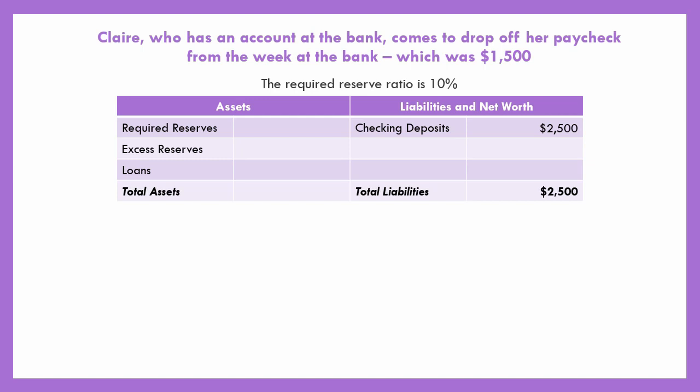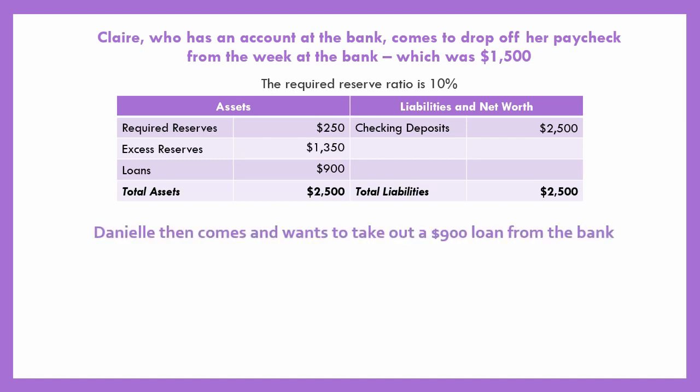We owe them that money back, right? Total assets is going to balance out to $2,500 as well. Our required reserves, remember, is equal to $2,500, our checking deposits, times 10%. That's $250. We see that we've already loaned out $900. And in order to get this to balance out, that means we also then have $1,350 left in excess reserves.